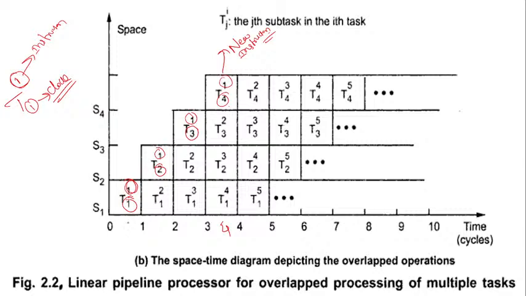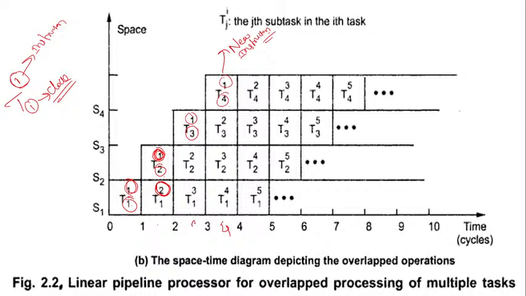So in the first clock pulse, the first instruction is in the S1 stage. At the same time, in the second clock pulse, the first instruction moves to the second stage, and the second instruction is fetched in the first stage.